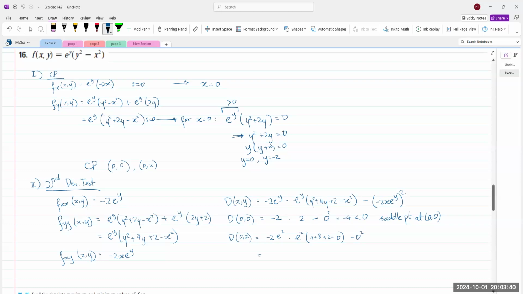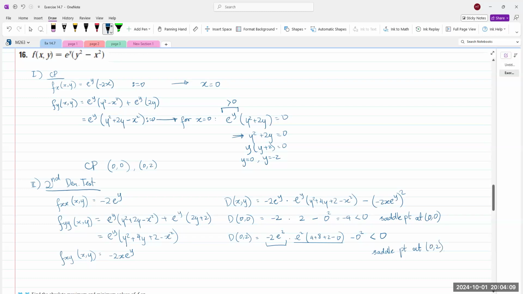But this is negative, this is positive, right? So when you compute, you get negative. This is negative. The saddle point again. Okay, so saddle point at (0, -2).